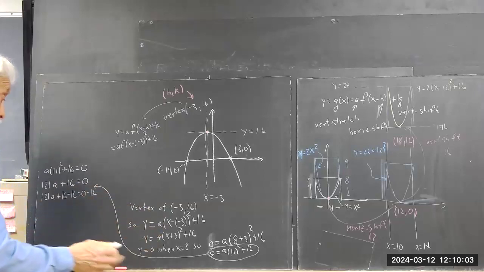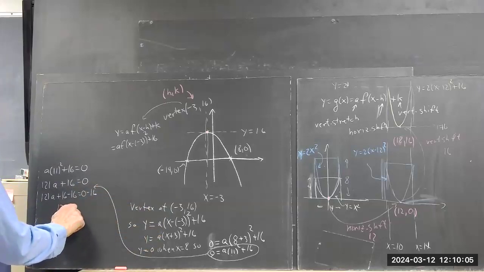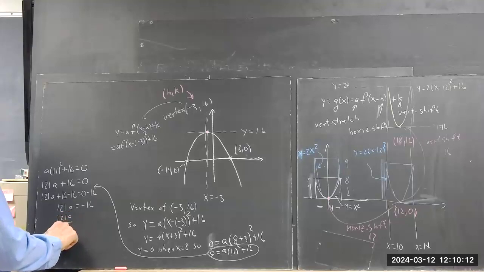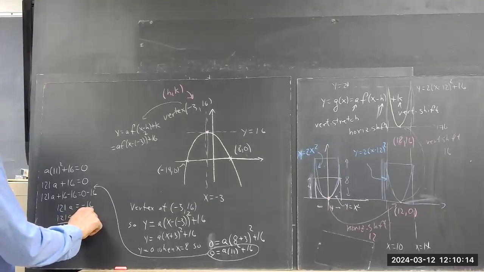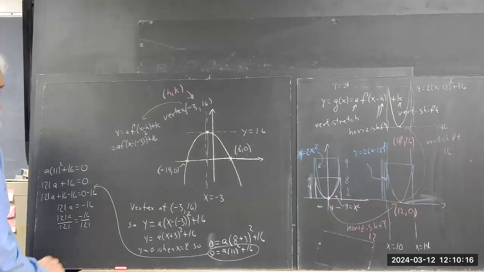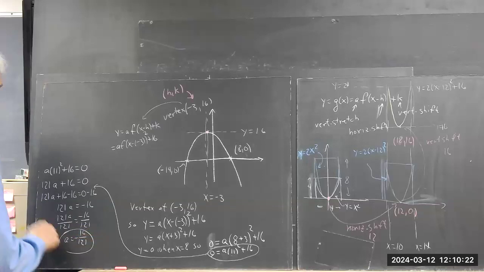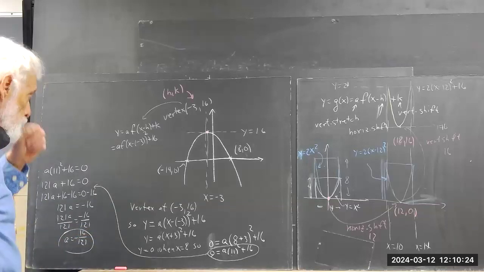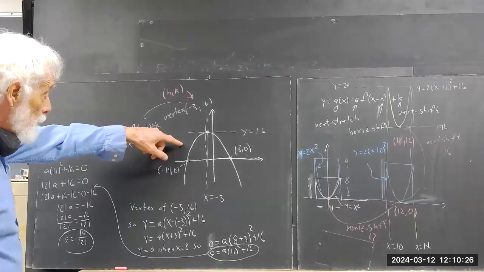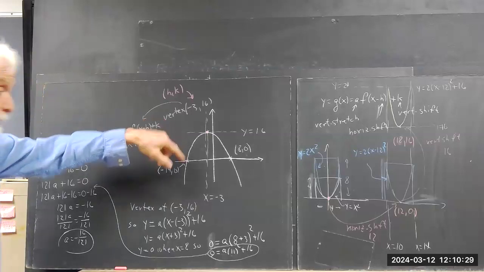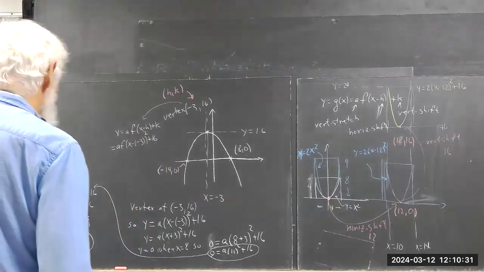Okay, so you subtract 16 from both sides, you get 121A equals -16. And then you divide both sides by 121. And you get A equals -16 over 121. So now we know what the equation of this parabola is.